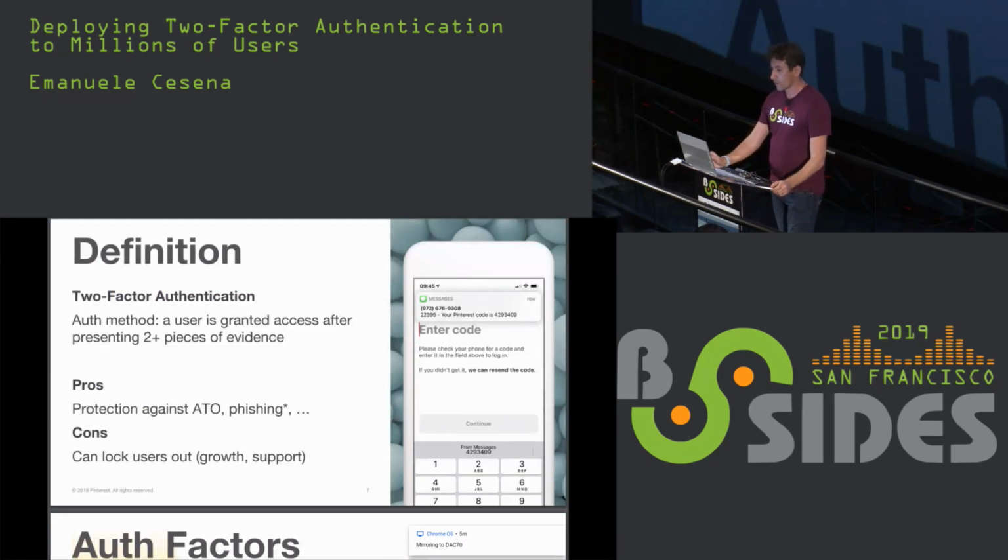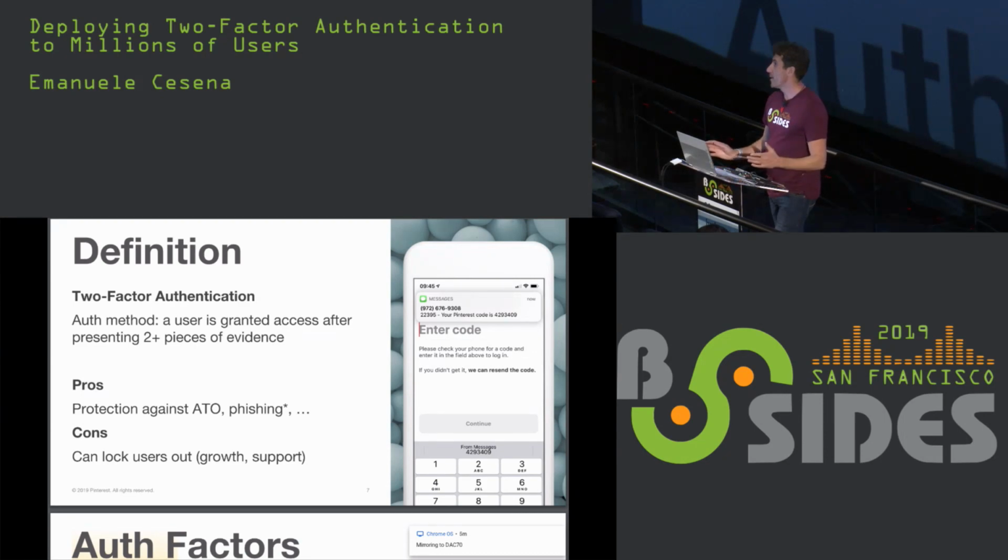So I always like to start with a definition. Two-factor authentication is an authentication method where the user is granted access after she presents two or more pieces of evidence, also known as factors. So why do we want two-factor authentication? I think there are two kinds of users: the good users, for whom 2FA is a way to protect their account.